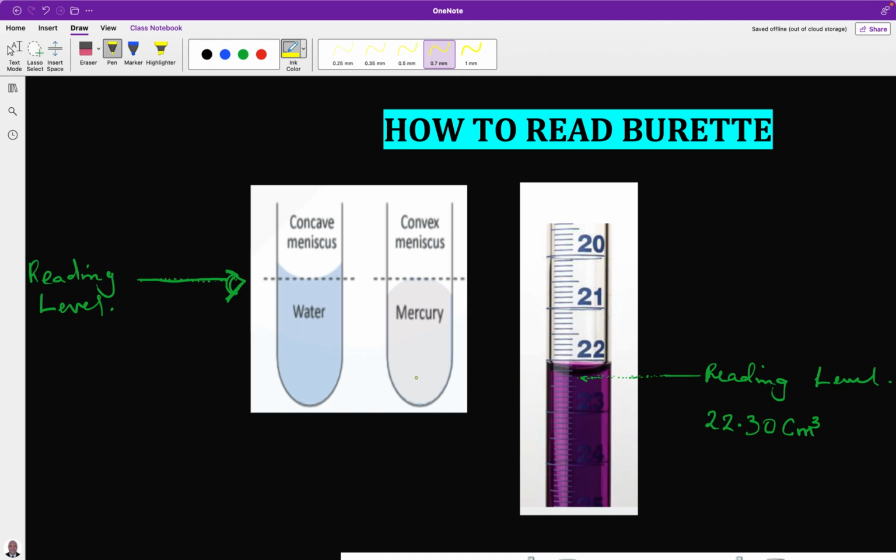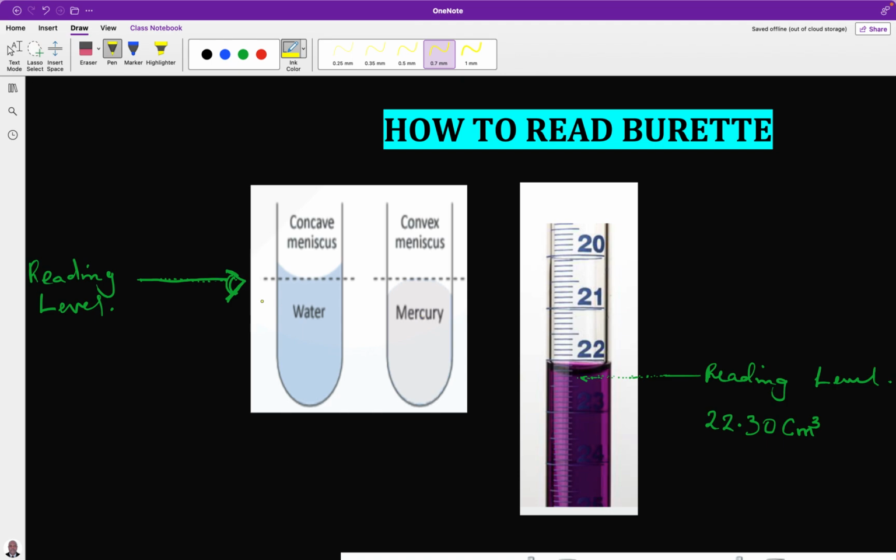In a thermometer, the line that you read should be on the mercury level. The meniscus should be below the line for you to make the reading in a thermometer.